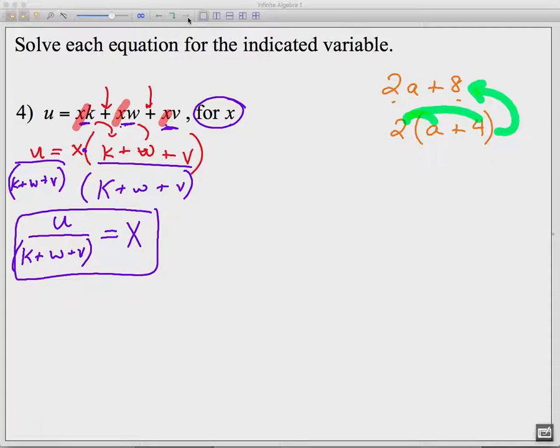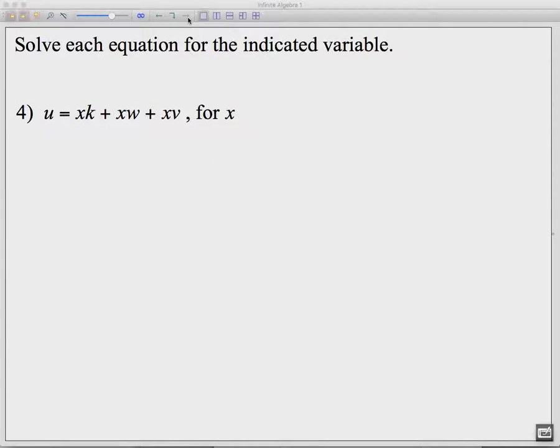Again, you can move the variable to the left if you prefer, but that last step I'm not going to show. That's example 2. That one's probably the harder one that I'm going to do in this process.